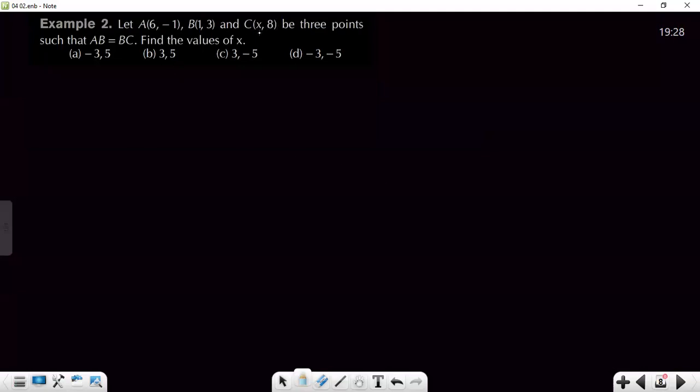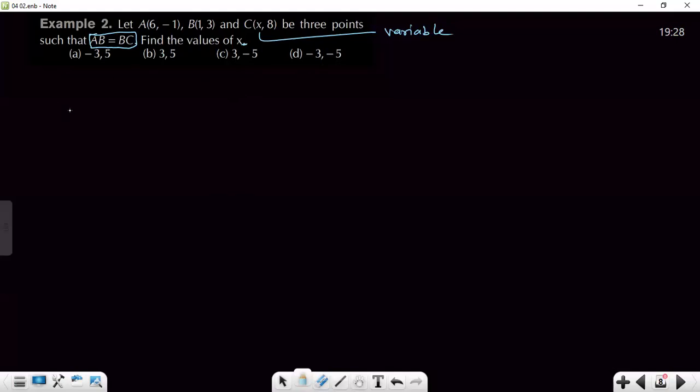In one of the points, there is a variable. A condition is given: AB is equal to BC. We have to find the value of the given variable x. Okay, fine. There can be two possible values of x as per the options. We'll keep that in our mind.